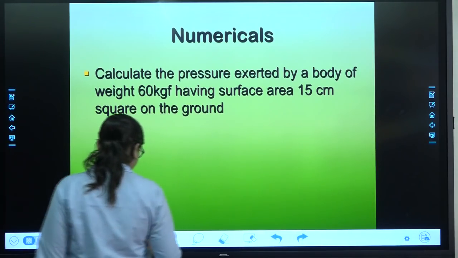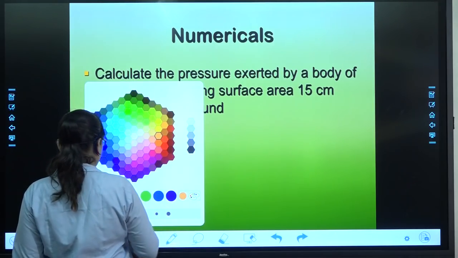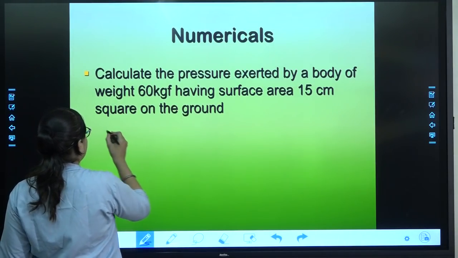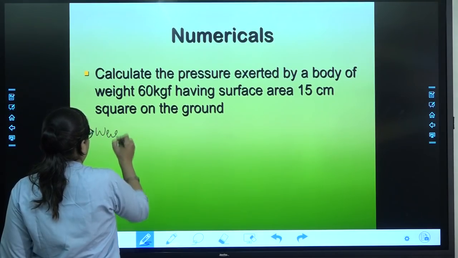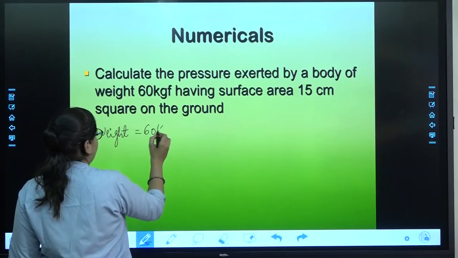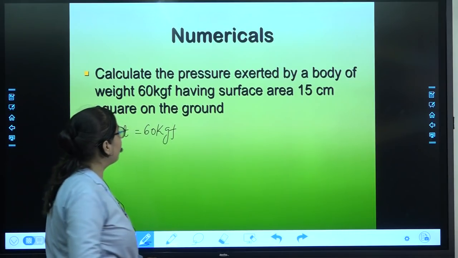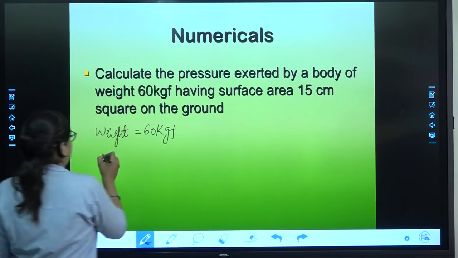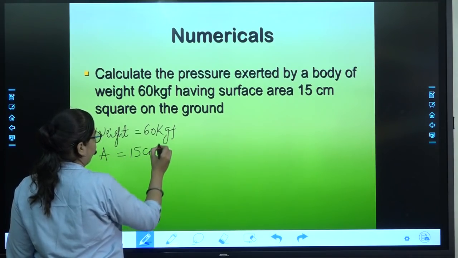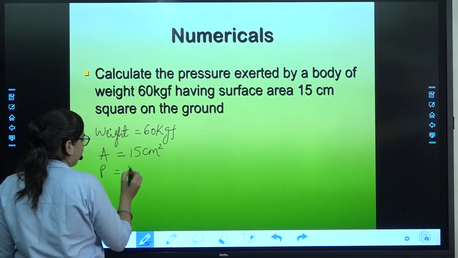Now you have the weight of the object as 60 kgf, and it has a surface area of 15 centimeter square. Area is 15 centimeter square. Calculate the pressure which it is exerting.